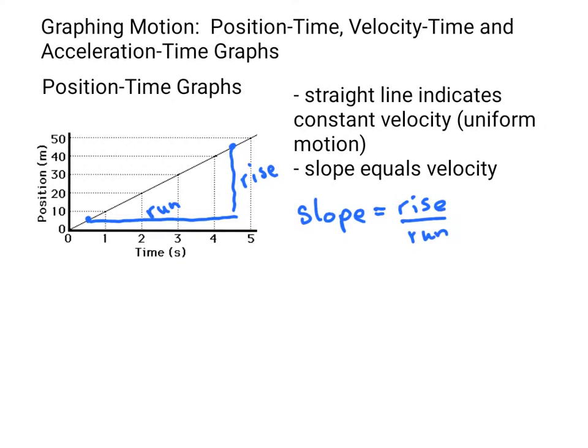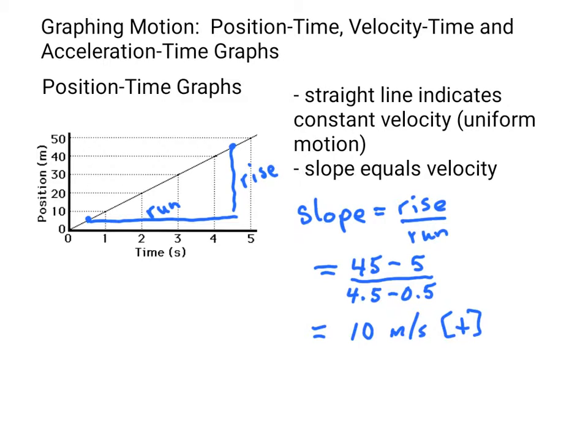And so we'll work that out. Here we've got 45 minus 5, which will give us the rise, and we've got 4.5 minus 0.5, and that will give us the run. So there's our rise and our run.